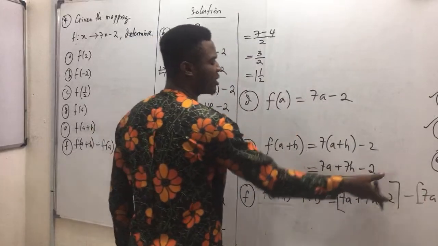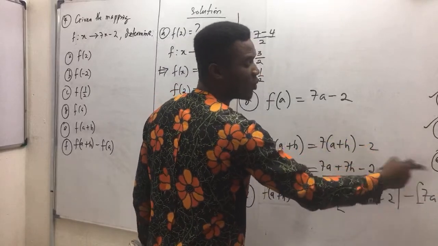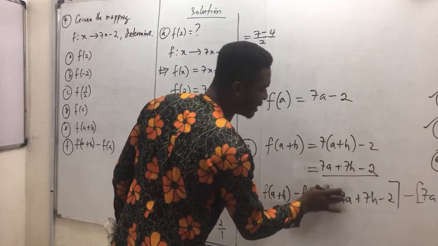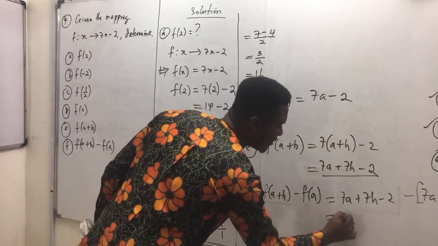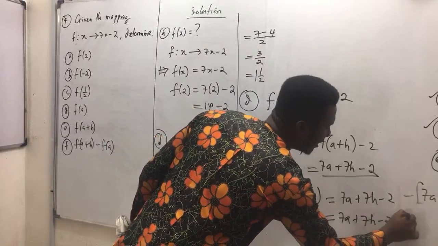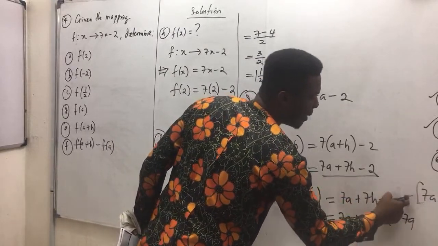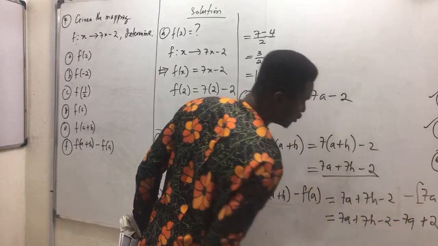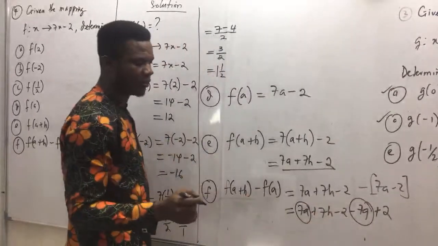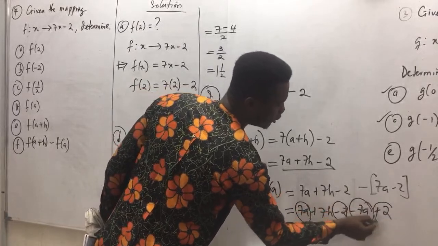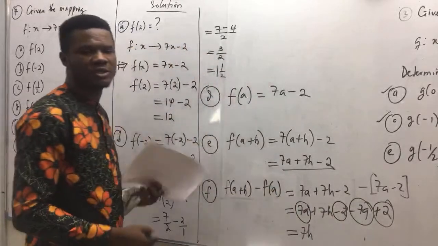The bracket is not necessary in the first term, but it is necessary for the second term because you have to expand. So this will result in 7a plus 7h minus 2 minus 7a. When you use minus to open up this bracket, minus 7a results, and minus times minus gives plus 2. So 7a minus 7a gives 0, and minus 2 plus 2 goes. You will be left with 7h as your result.